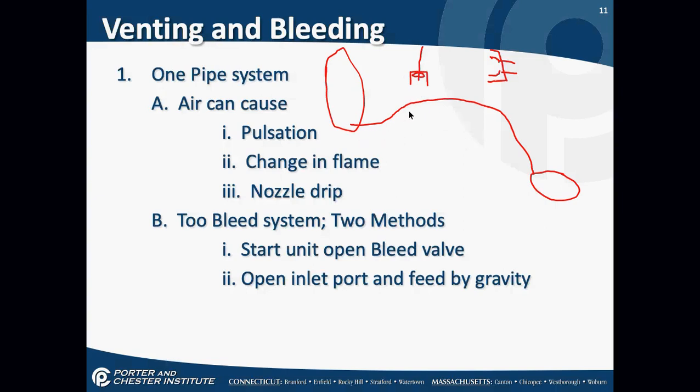Now, they may not always leak oil out because oil's pretty thick. Oil has a little bit of a resistance to flow. It has viscosity. But when I start this oil pump, do I create a vacuum?